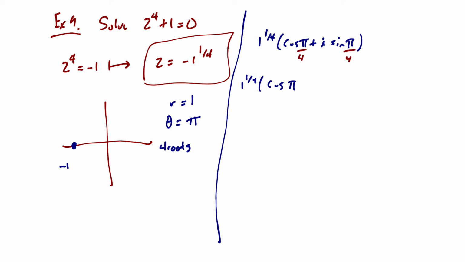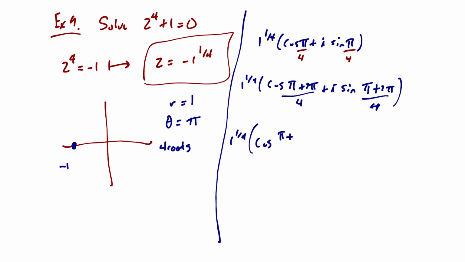The next one will have cosine of pi plus 2 pi divided by 4 plus i sine of pi plus 2 pi divided by 4. The next one is 1 raised to the 1/4 of, again, cosine of pi plus 4 pi divided by 4 plus i sine of pi plus 4 pi divided by 4.